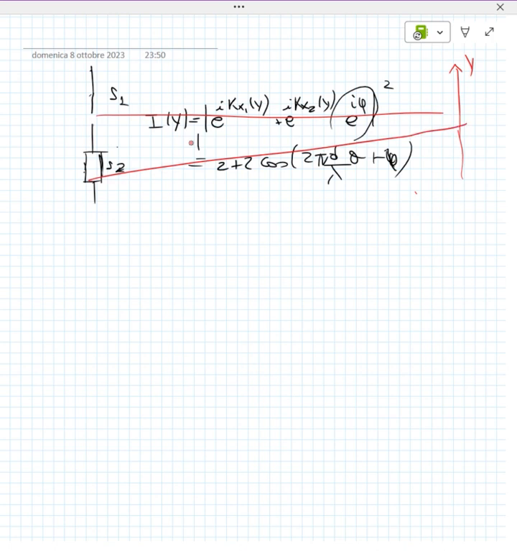We'll get this point, and this point will be shifted by this term. And of course the maximum of intensity will be centered in the shifted position. It's easy to see that.